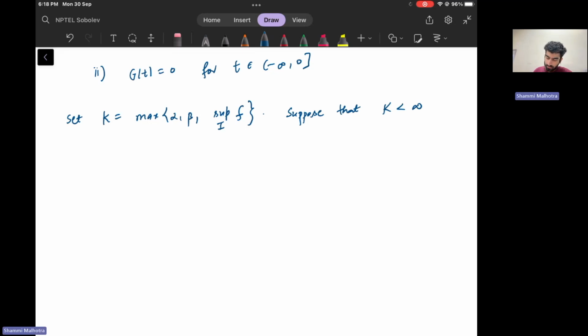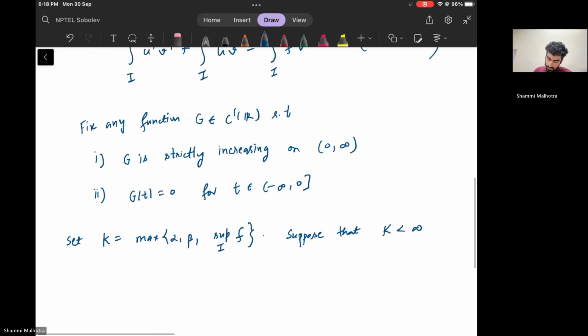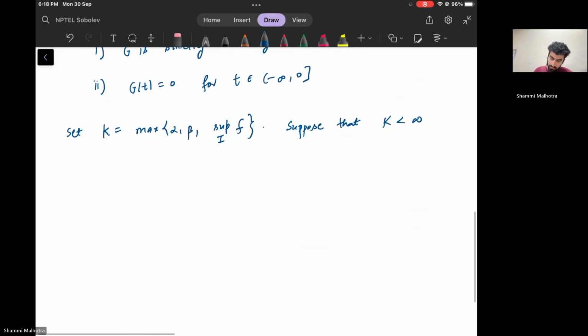So we have to prove that u has to be equal to this quantity k.